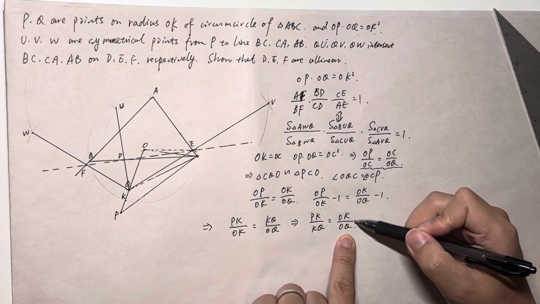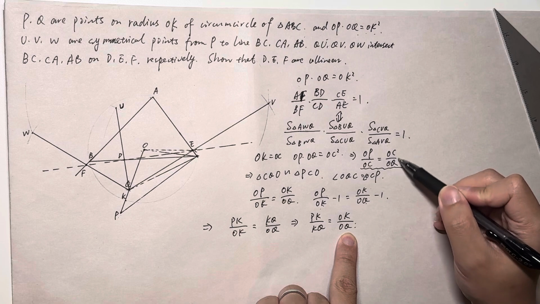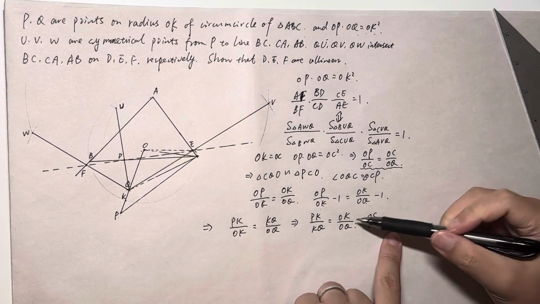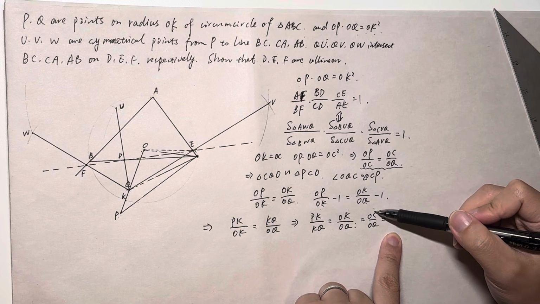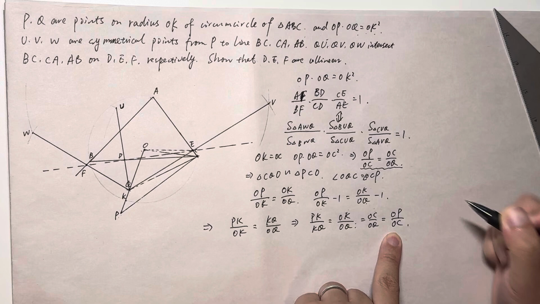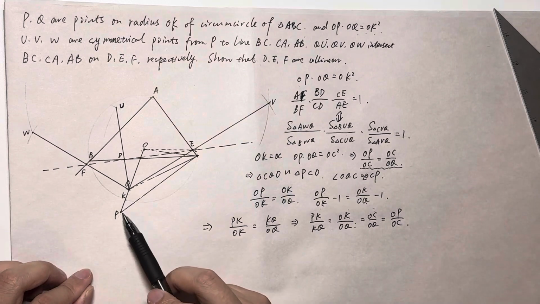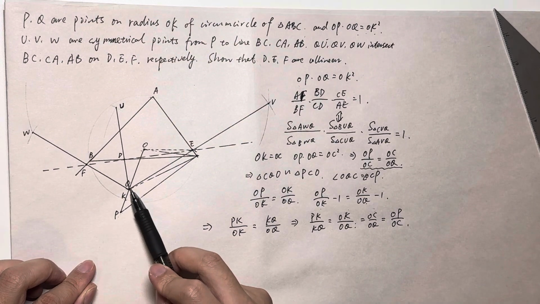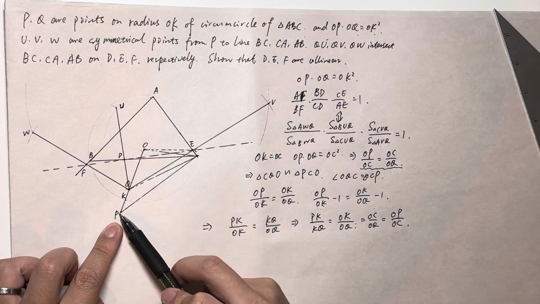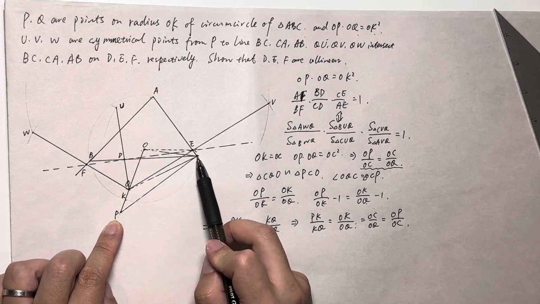Right, we notice that OK to OQ equals OC to OQ, because OK and OC are radii, which means it equals OP to OC. So PK to KQ equals OP to OC.